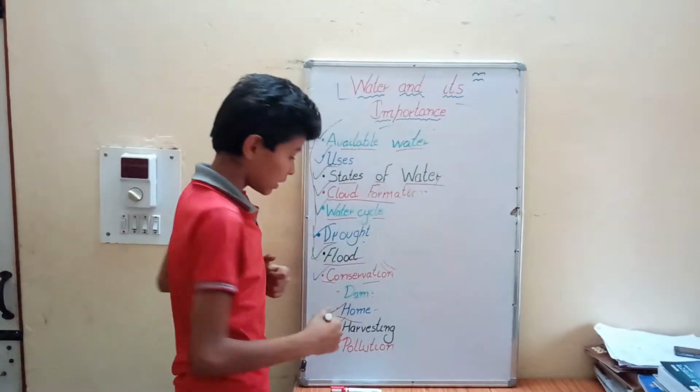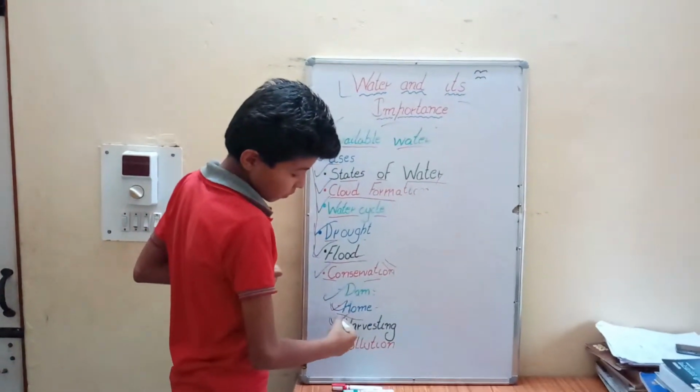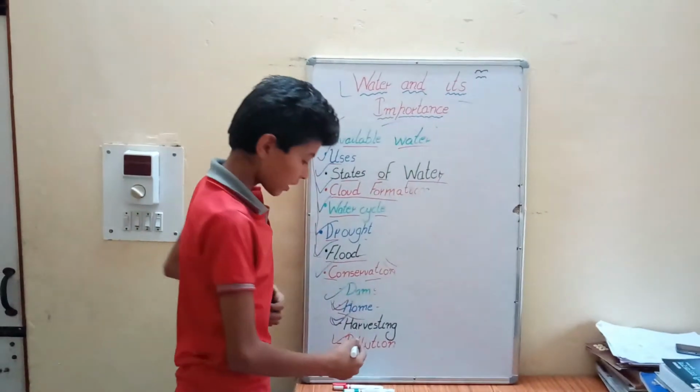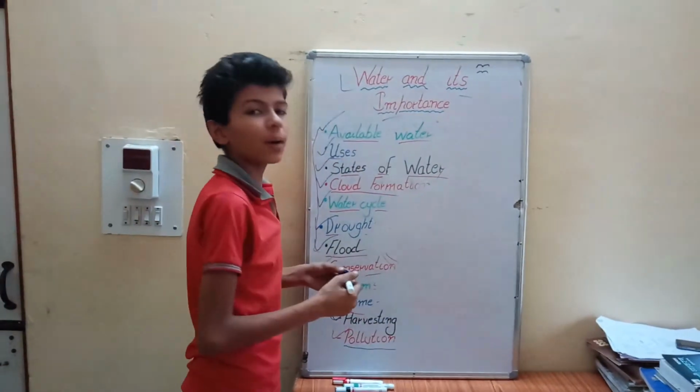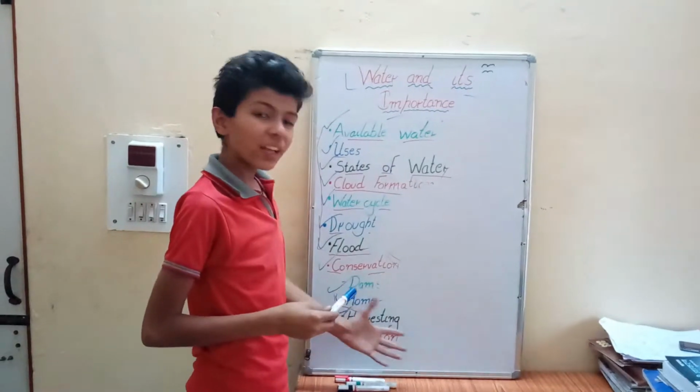How can we do conservation? By dams, avoiding wastage at home, and water harvesting, and at the last we learned about pollution. What is pollution and how can we prevent it.